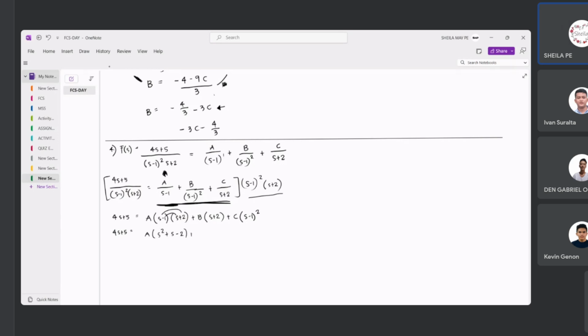Okay, plus bs plus 2b, okay, plus c s squared minus 2s, a square of binomial, so 2s plus 1, okay, distribute as squared plus as minus 2s plus bs plus 2b plus cs squared minus 2cs plus c. Okay. Factor siya out. 2A, miss.